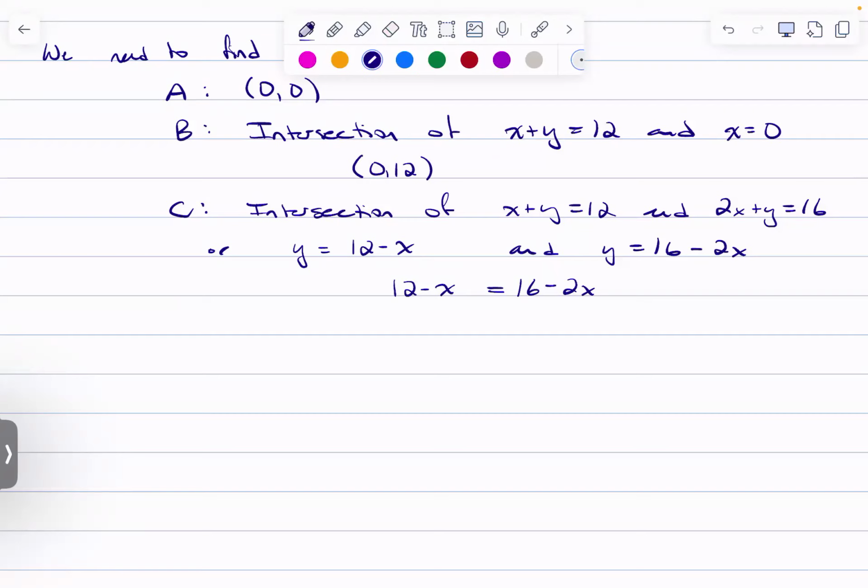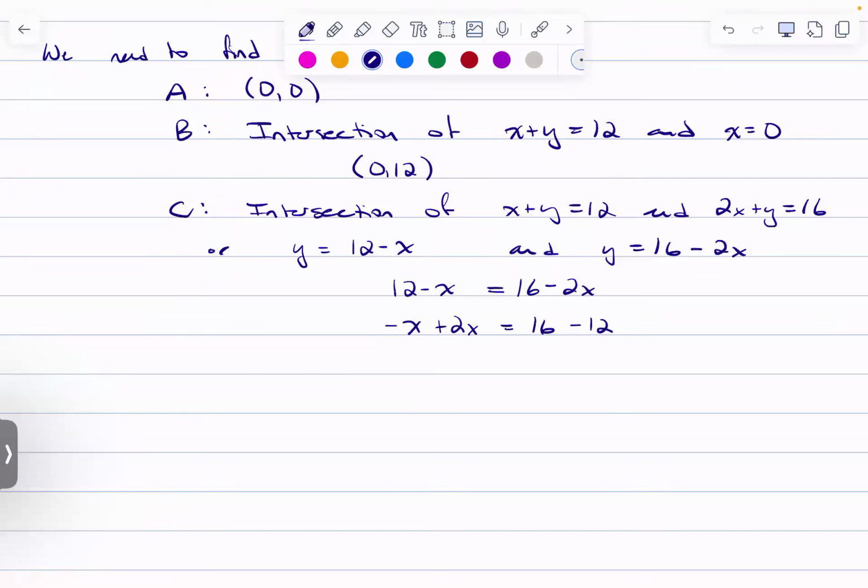Let's do this there. And now I can solve for x. If I move all my x's over to the left, I get negative x plus 2x, and all my non-x's over to the right, 16 minus 12.